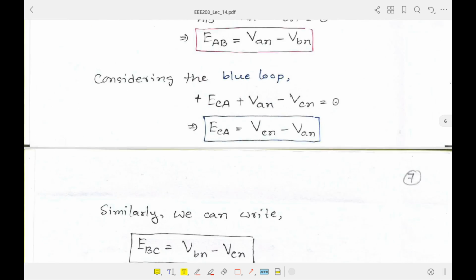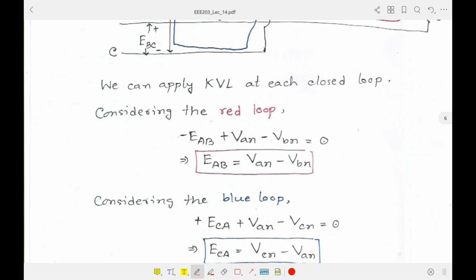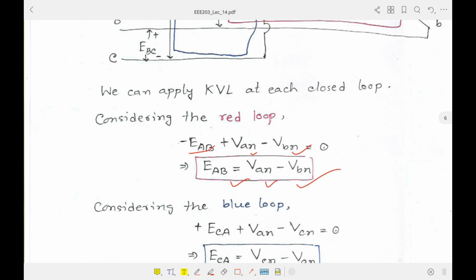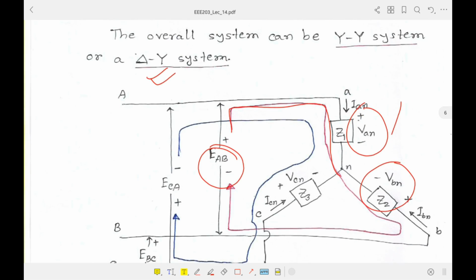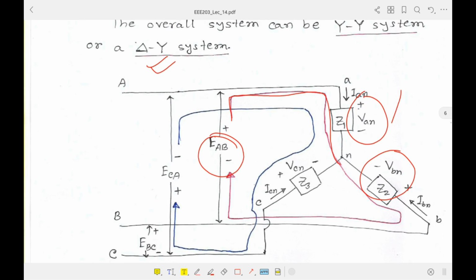So from there you can write EAB equal to VAN minus VBN. So this is not new. Don't feel it is difficult, because we have used this expression previously whenever we derived our expression.